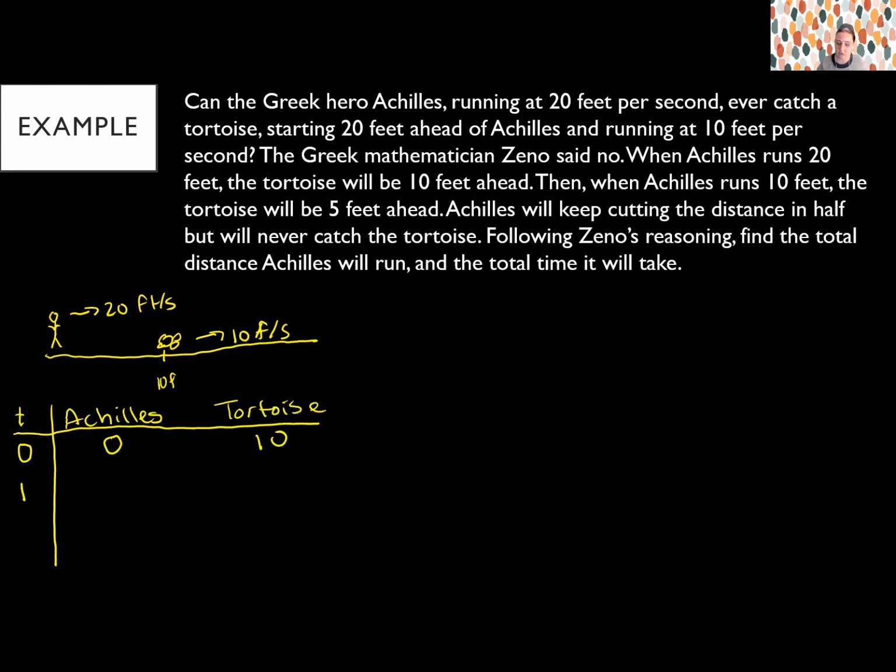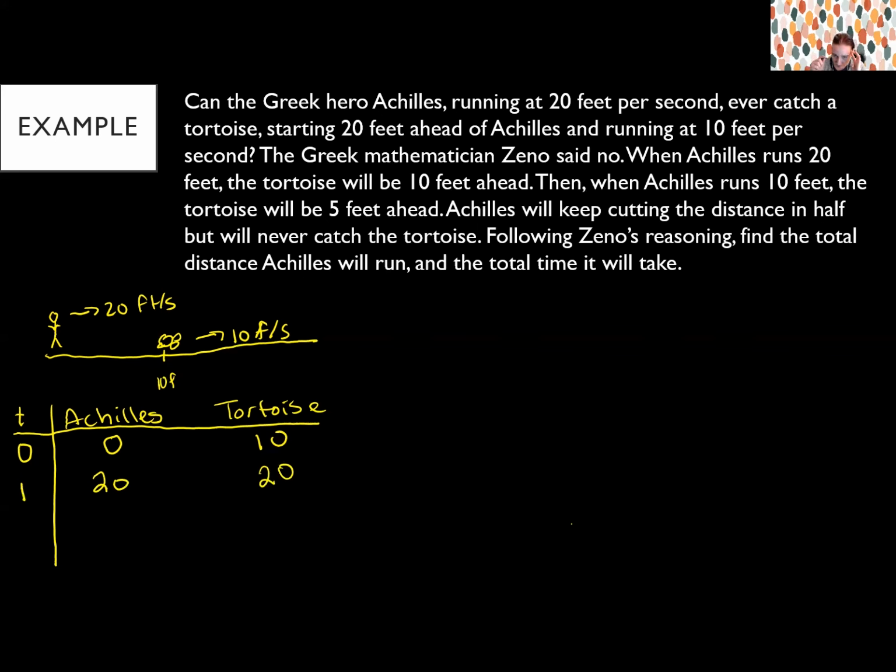Since Achilles runs 20 feet per second, he has now gone 20 feet. The tortoise runs 10 feet per second. He's already 10 feet ahead, so he's going another 10 feet. This would get them to match. So you would think, okay, he's going to run ahead.